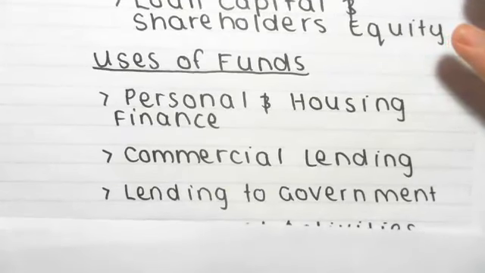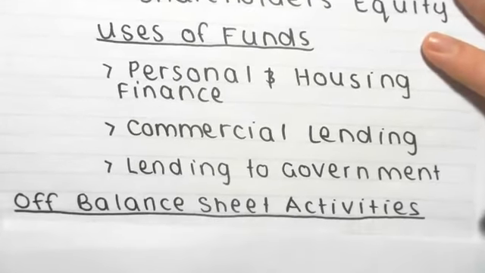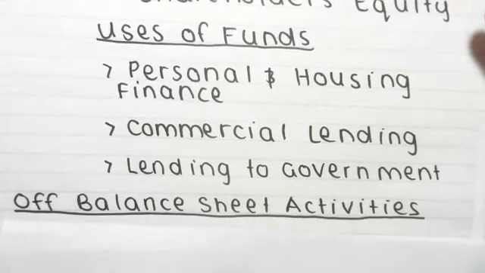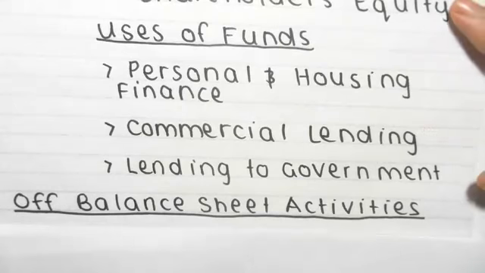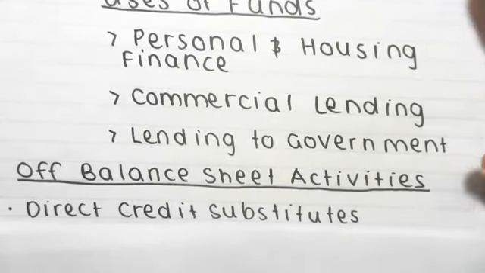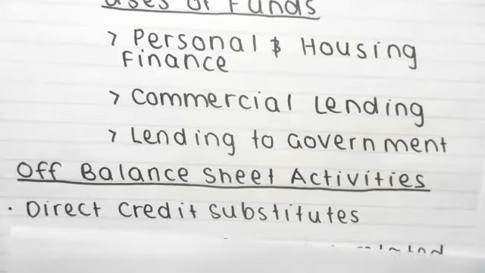There's lending to the government, and there might be some other types as well, anything to do with lending of finance. So in terms of off-balance sheet activities, there's 4 main types, and these are quite important.